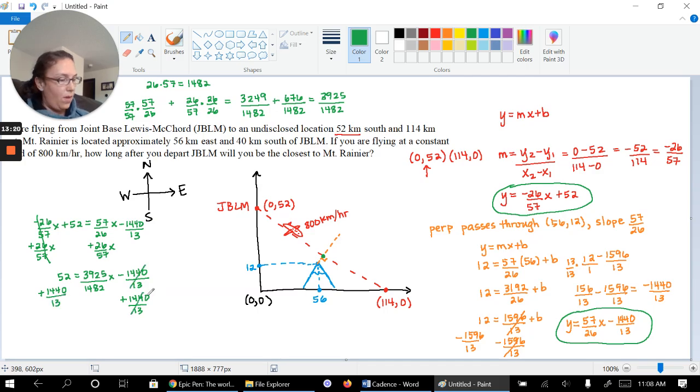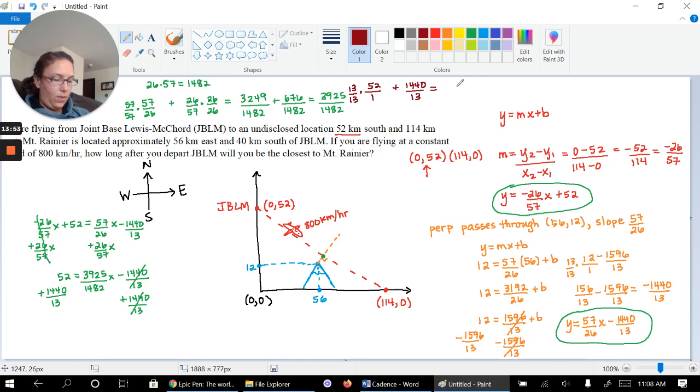Okay, so now we have another problem where we need to add 52 to a fraction, which means we need a common denominator. So using a different color up here, I'm going to write down 52 over 1 plus 1440 over 13. Well, the common denominator is going to be 13, so I'll multiply the first fraction by 13 over 13.